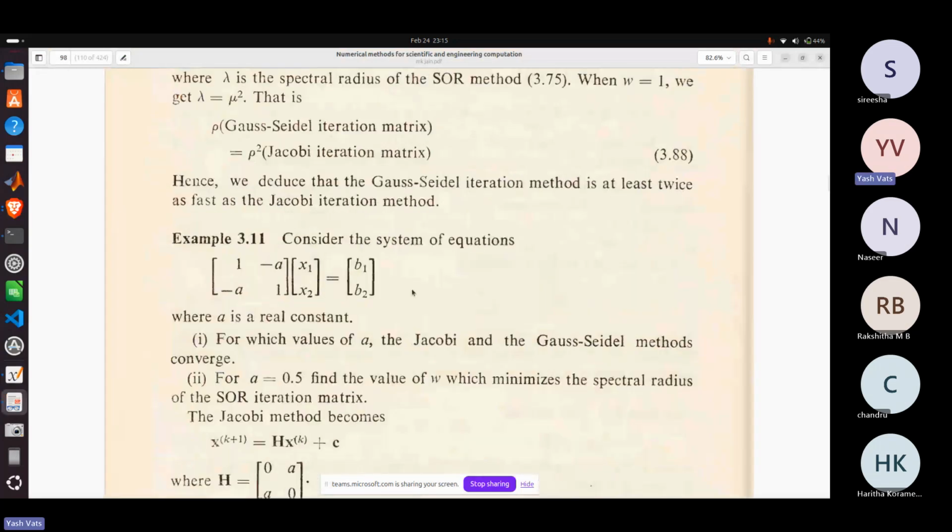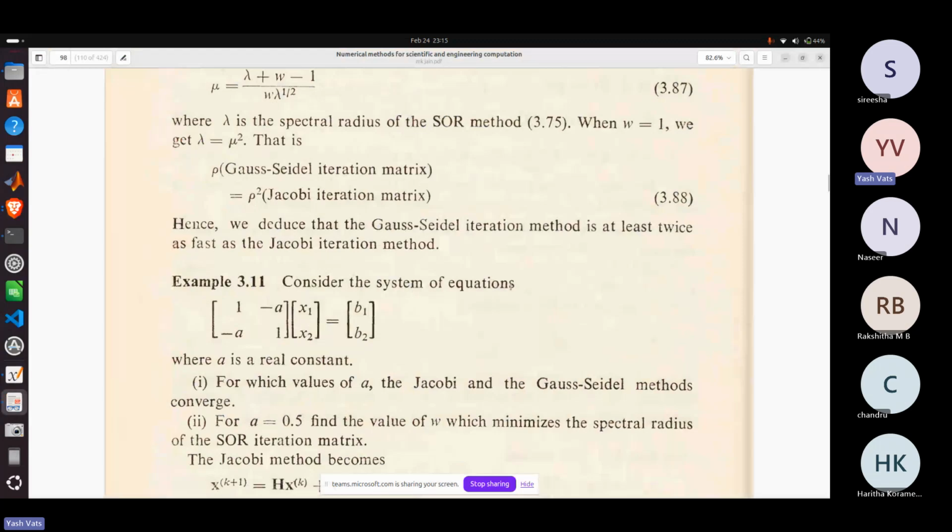So there is one question that you can try. Consider the system of equations, example 3.11: for which values of a do the Jacobi and Gauss-Seidel methods converge? Just try this first part only and let me know.